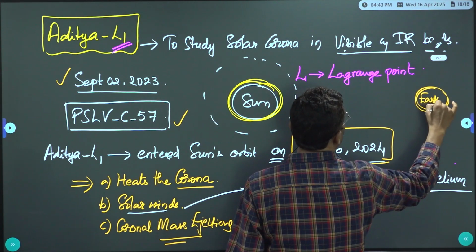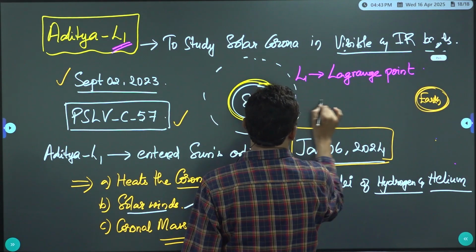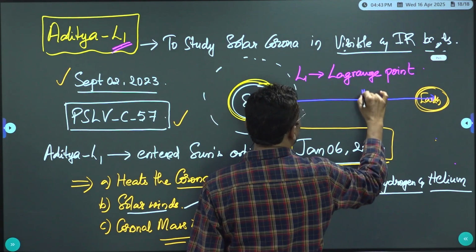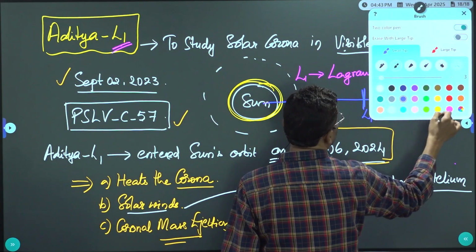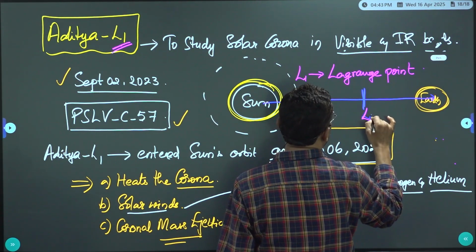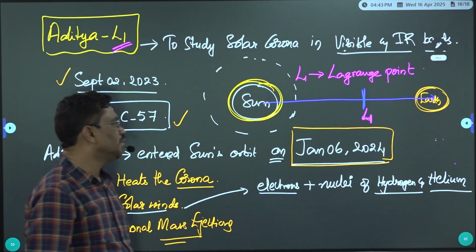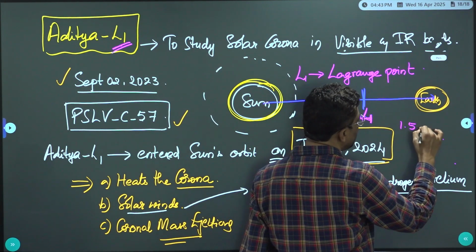In between the sun and earth, there is a point here. This point is called the L1 point, Lagrange point 1. And the distance of this L1 point from earth is about 1.5 million kilometers.